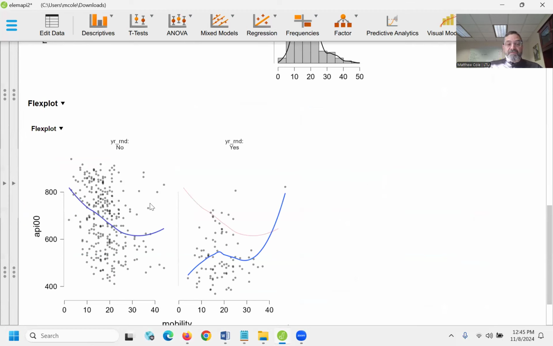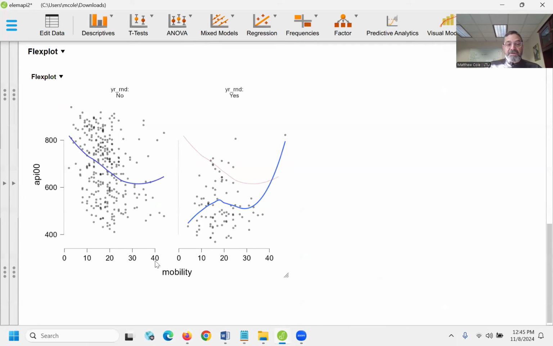So what we see here is when the school is not open year round and we're looking at mobility, as the percentage of students increases who are first year students, the academic performance drops for schools that are not open year round. But when schools are open year round, look what's happening.